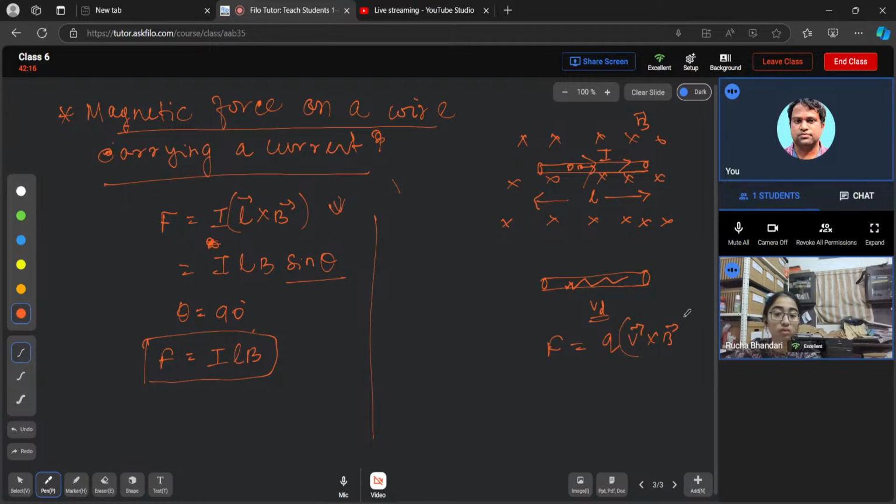If a charge Q is flowing in a conductor, current means charge is flowing, the rate of flow of charge is current. So if the charge is flowing in the conductor, it will experience a force F equal to Q, VD cross B.